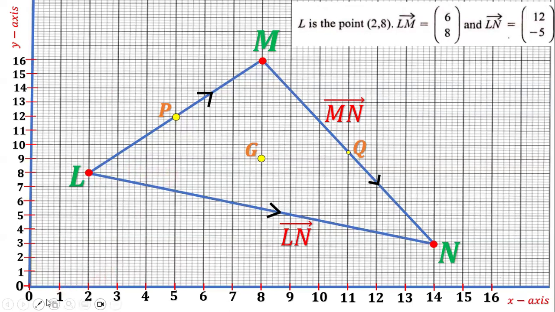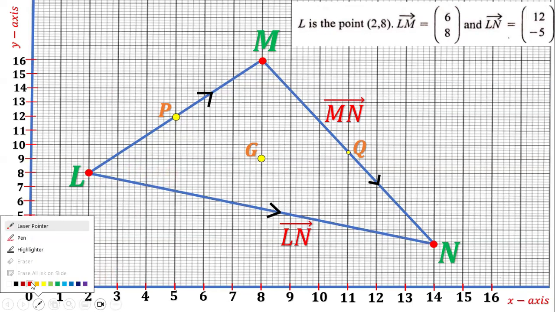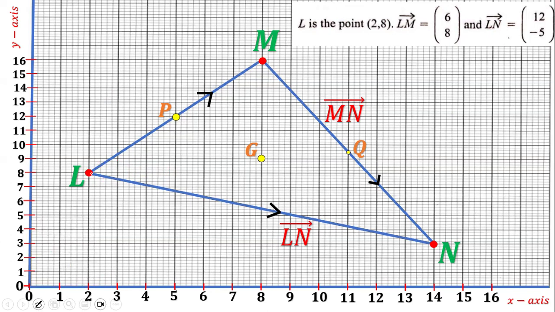So let me actually show it. If you look carefully, we move 1, 2, 3 here, and then we move 1, 2, 3, and 4. So that means on the Y we move 4, and on the X we move 3. Now, in order for P to be the midpoint, we have to have these exact measurements.